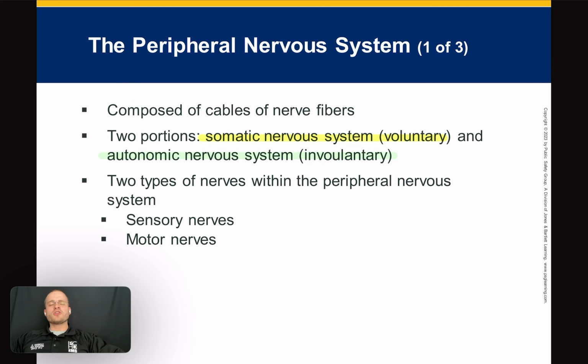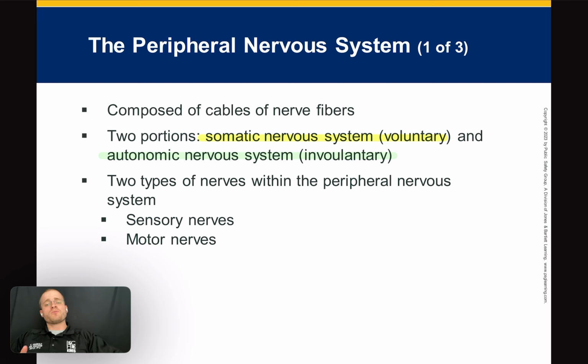Now, somatic, when you hear the word somatic, you need to think that that's underneath voluntary control. So for the most part, your muscles are underneath somatic control. There's a lot of things under somatic control, things you control, right? And then there's the autonomic nervous system, right? So this is involuntary. So breathing, digestion, certain things that we don't really think about.